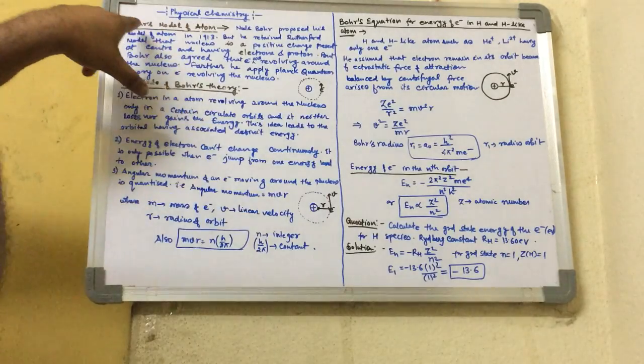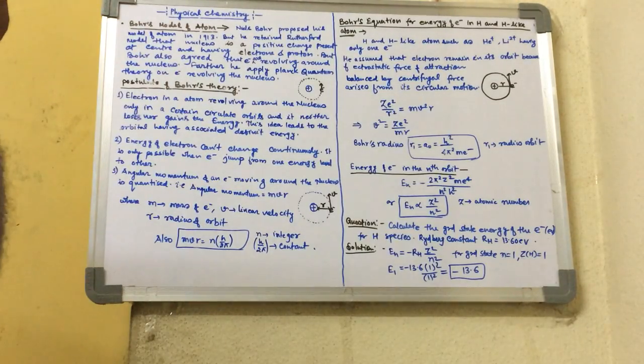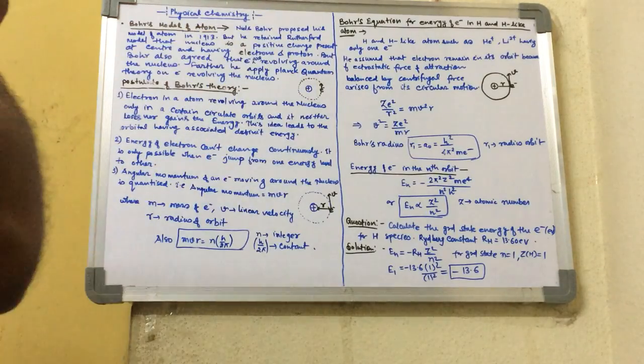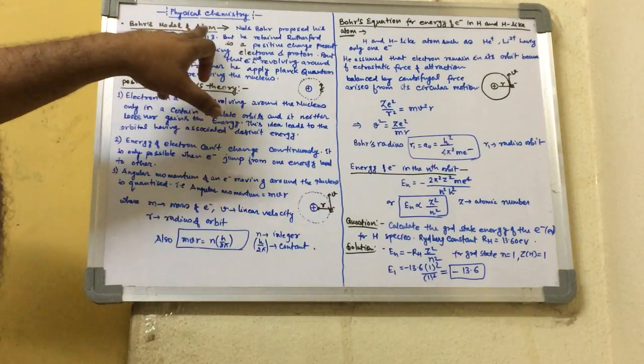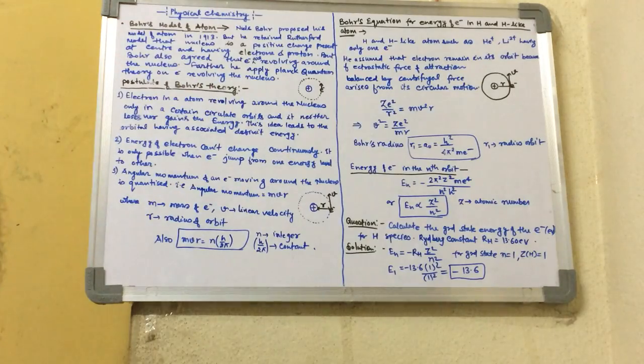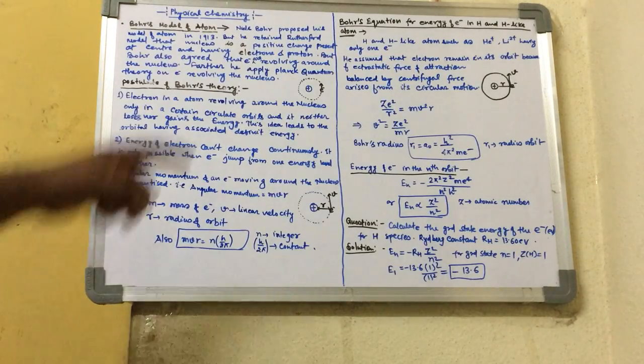Bohr's model of atoms. Bohr proposed this model in 1913. Actually, before Bohr's model, one scientist gave some information related to these models.